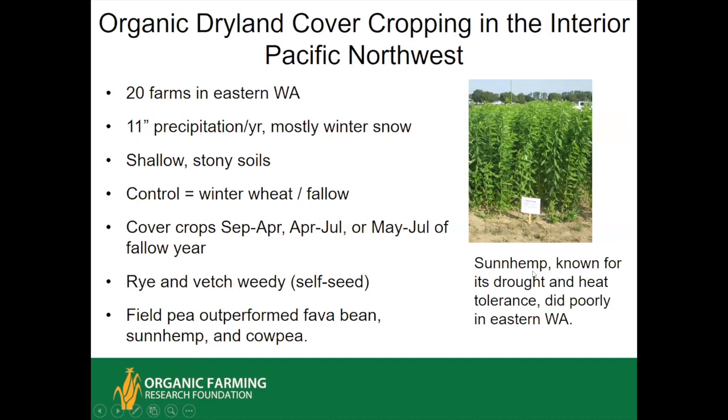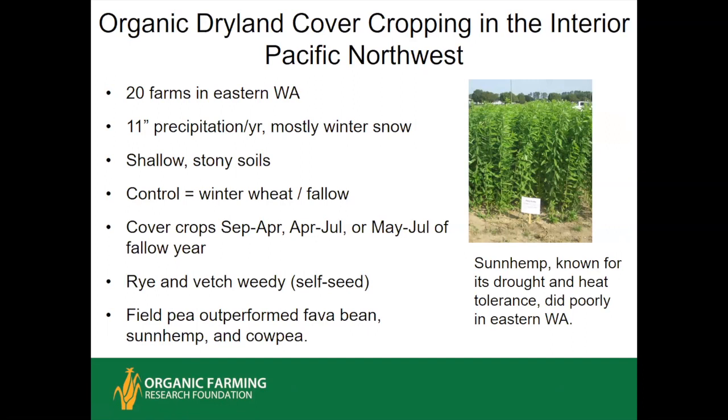Sun hemp, which is really an ace here in the South, great for drought and heat tolerance, actually did rather poorly in this environment. Perhaps it was just too dry, or maybe not enough warmth, because it is fairly northern, cool climate. Rye and vetch, they found, self-seeded and became weeds. The field pea, not surprisingly, outperformed fava bean, which is not drought tolerant, but cowpea as well, another one of my favorites here in the Southeast for dry summers.